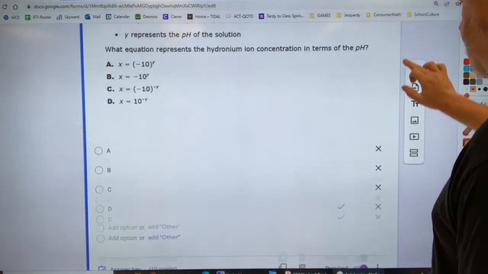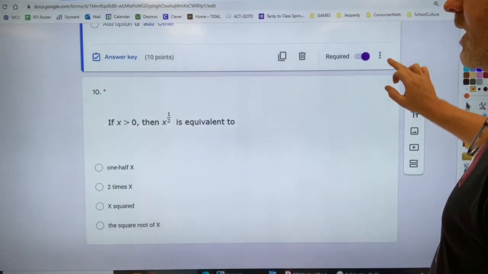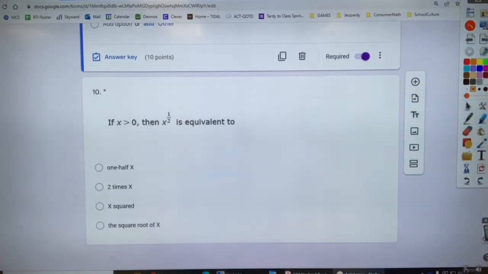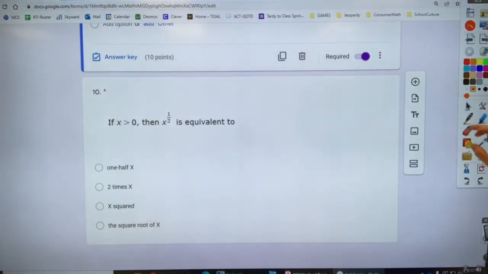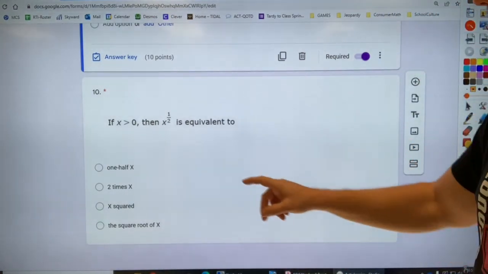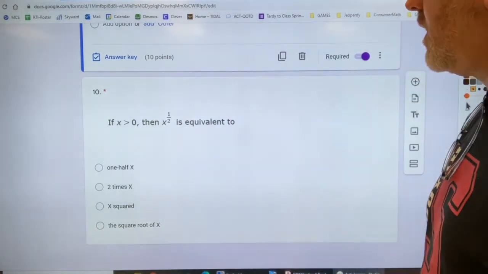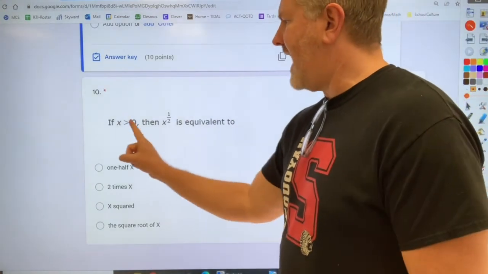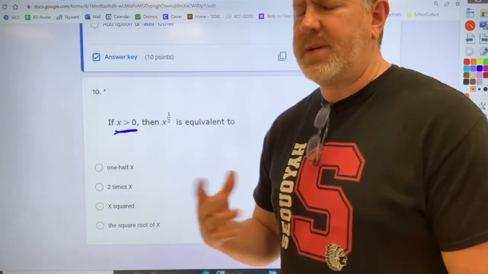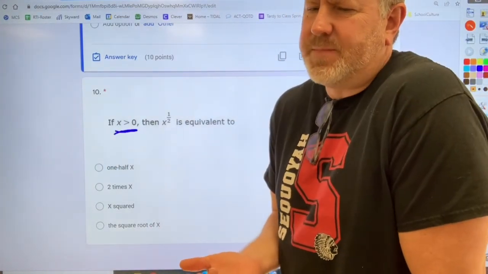All right, now let's go on to the next one. Last one actually on this section. So this should be the second video, and we successfully completed one of these tests. So if x is greater than 0, then x to the 1/2 is equivalent to what? Now this part about x is not really to distract you. It's just sort of a formality.